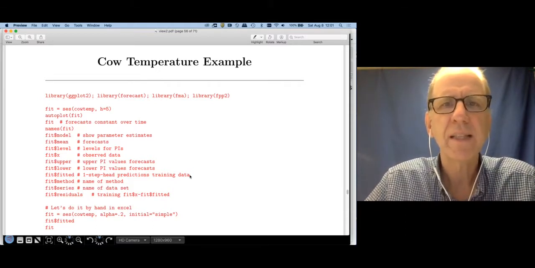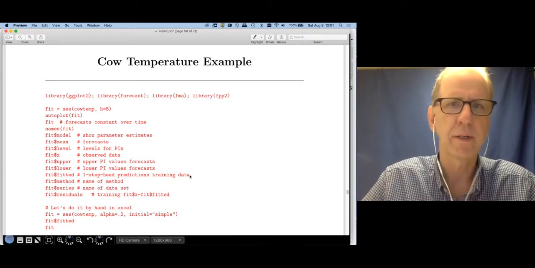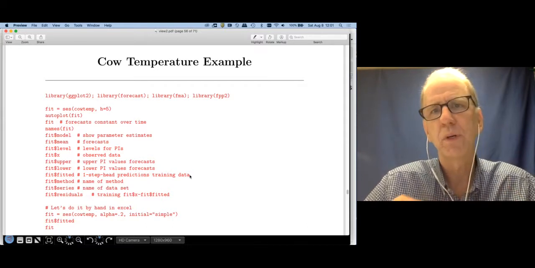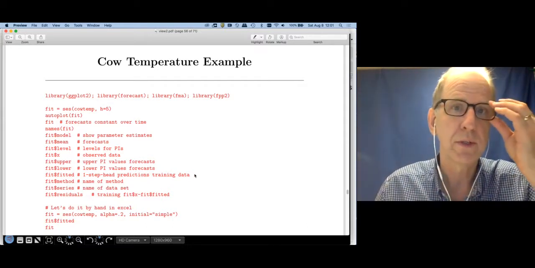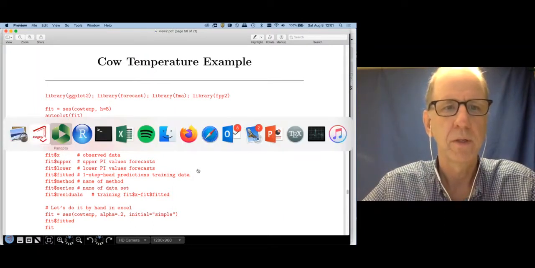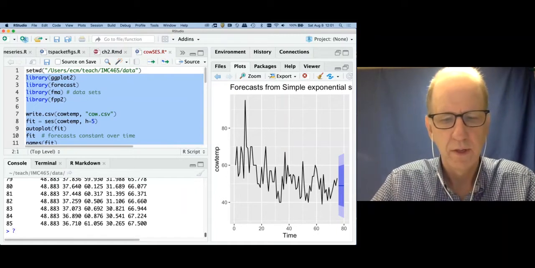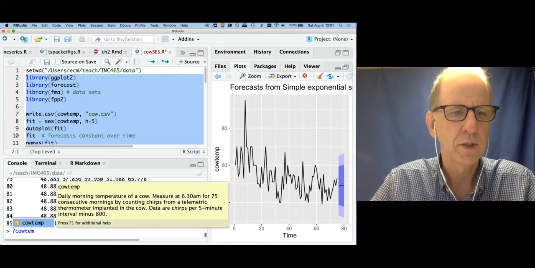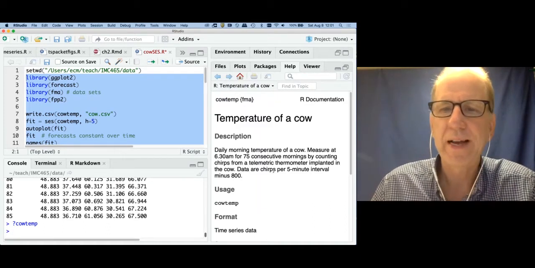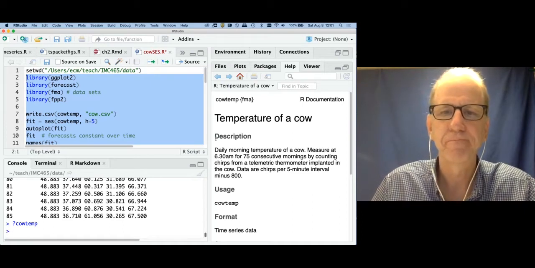So I've taken the cow temperature example from R. We're measuring a cow's temperature over time. This one is an example of a series that does not have any seasonality. If you want to read about this data set, you can just get some help on it. It's the daily morning temperature of a cow measured for 75 consecutive mornings.